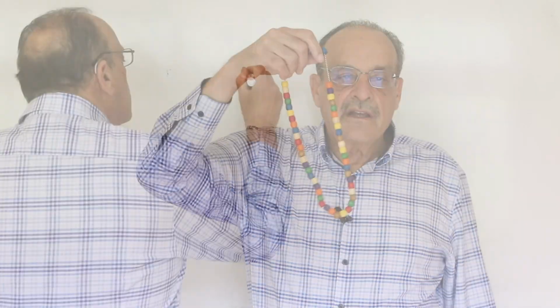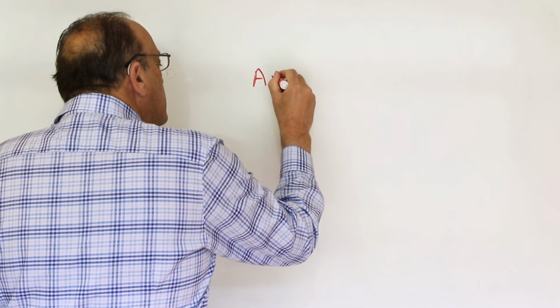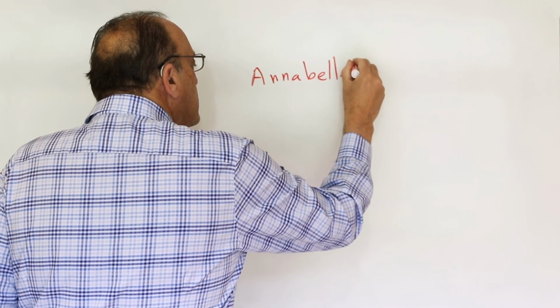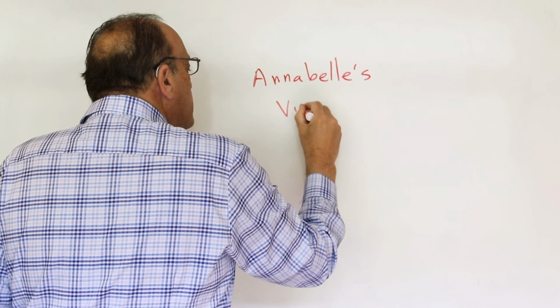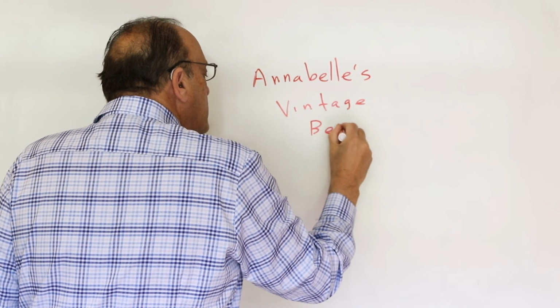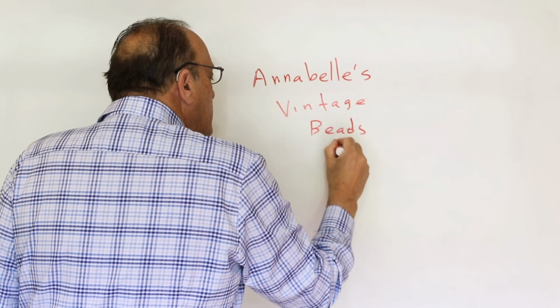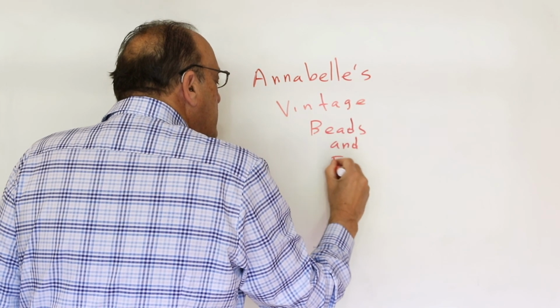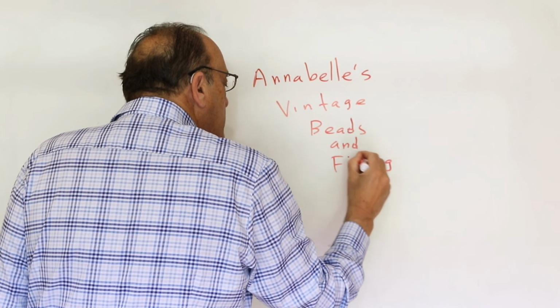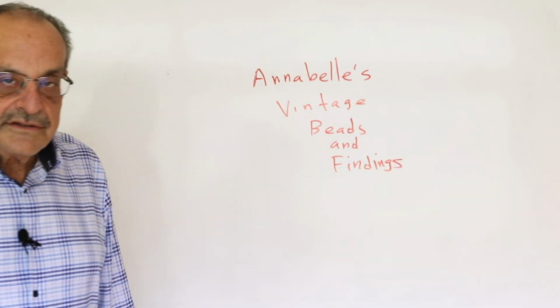So this is what the completed bead necklace looks like. I think they're about 14 millimeters. I bought the beads at Annabelle's in Los Angeles.